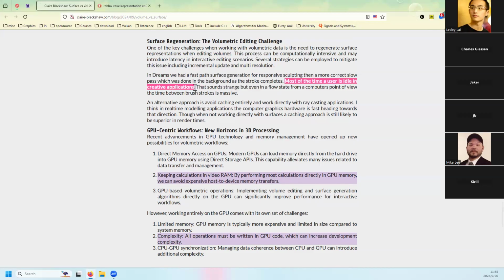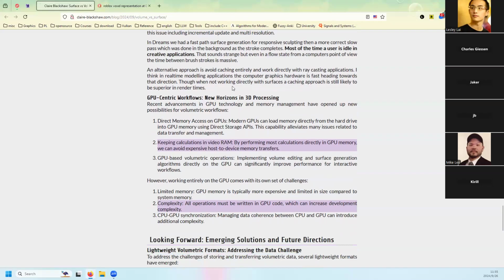Yeah, most of the time the user is idle. Another is to directly render the volume using techniques like what Teardown is doing.